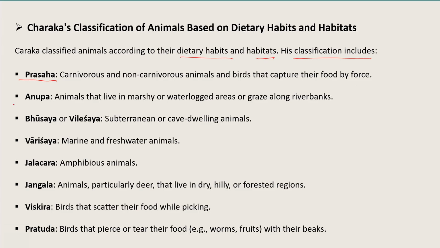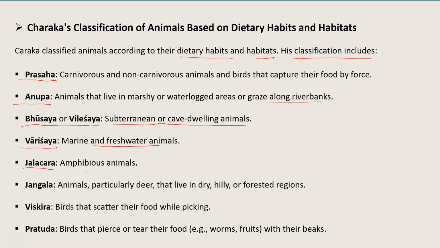Second one is Anop, animals that live in marshy or waterlogged areas or graze along river banks. Third one is Bhusaya or Vislesya, subterranean or cave-dwelling animals. Varishaya, marine and freshwater animals.